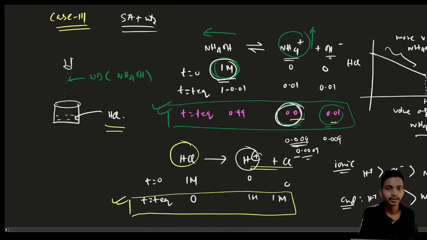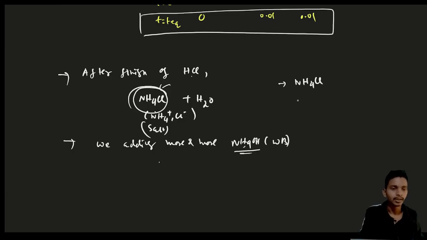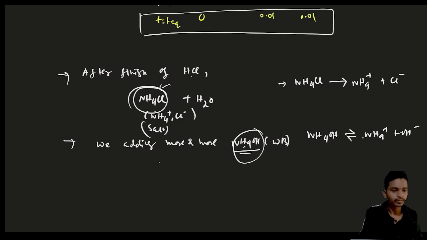This graph, right? So more NH4Cl is there, and this completely dissociates and gives NH4+ and Cl-, and you are adding more and more NH4OH. NH4OH is partially dissociated to NH4+ and OH-.